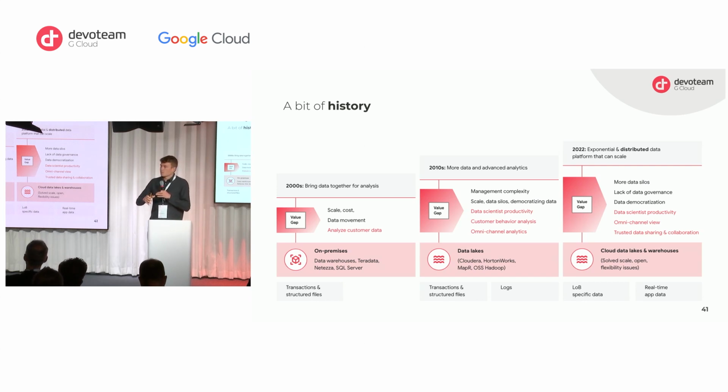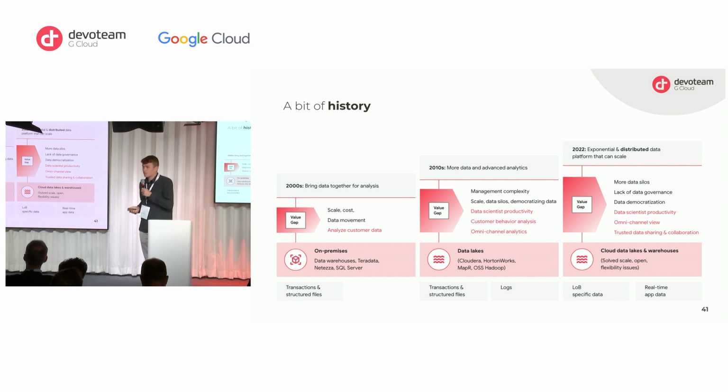But then we started to collect more and more data in many different formats, and it was not possible to get it all nicely structured into a data warehouse. So we started building huge data lakes. Just dump it all in there as raw data, and the data scientists are tech savvy enough to get the data they need and start building machine learning models.